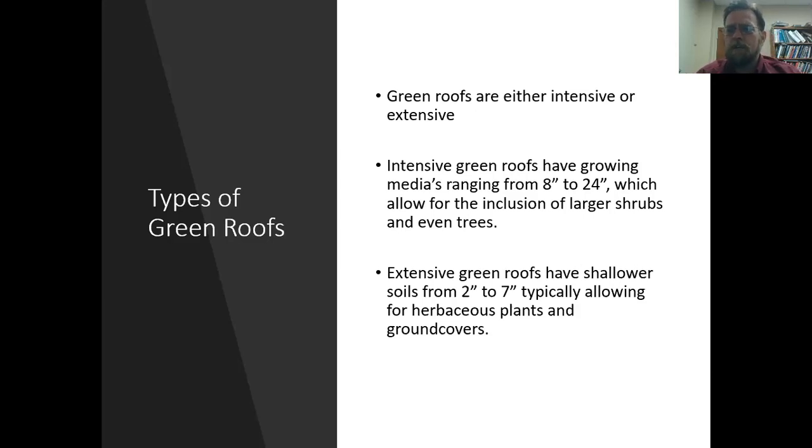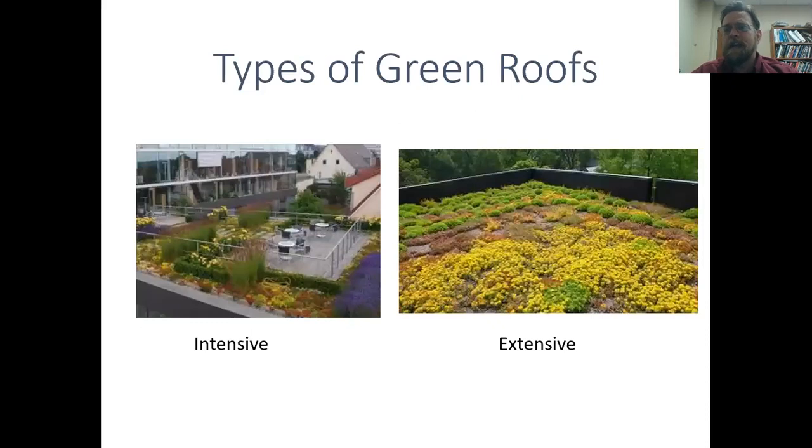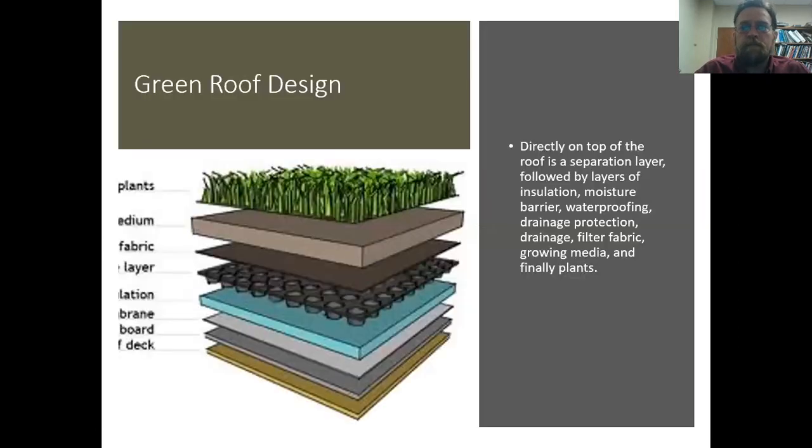An extensive green roof has a much shallower soil, and that tends to be just herbaceous plants and ground covers. But still, that really adds a lot of green space, particularly in urban environments. Having that additional green space can be really beneficial. With green roof design, there is a separation layer followed by layers of insulation.